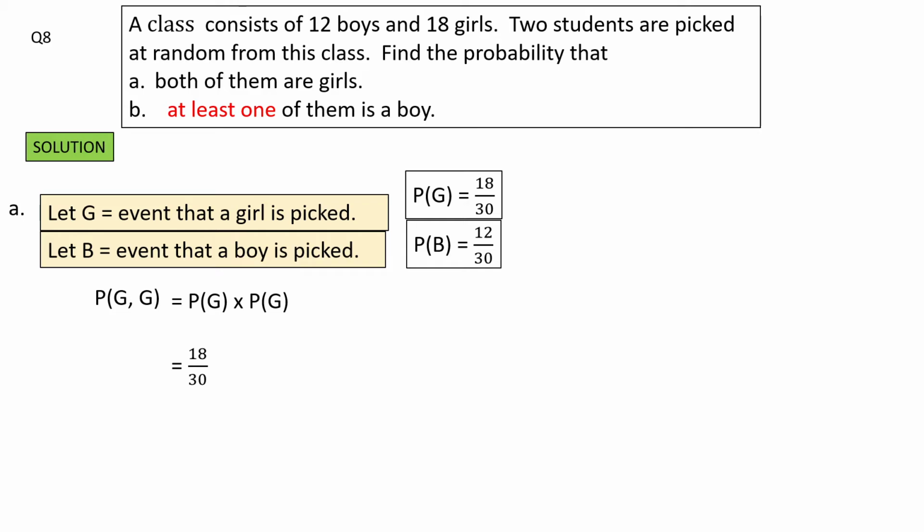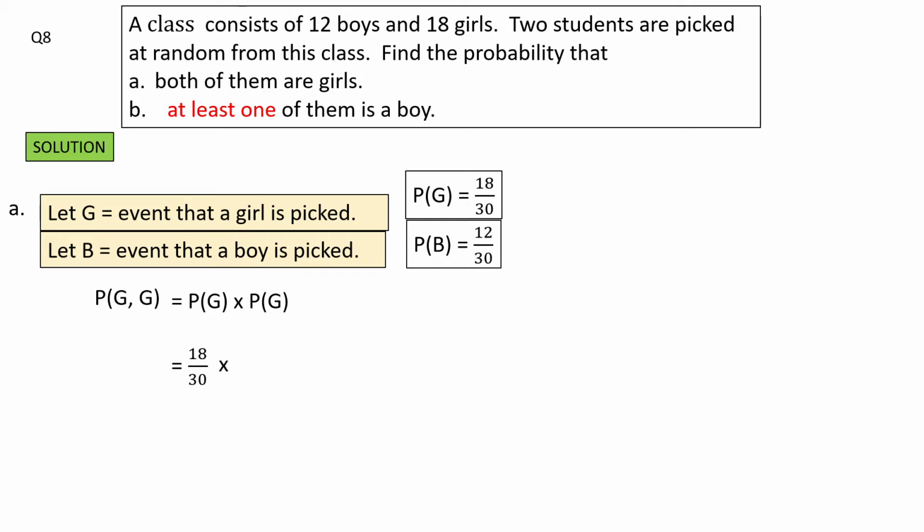So for the first time to choose a girl, the probability will be 18 over 30, times, for the second time. Now remember, once we have already chosen one girl, that means now only 17 girls are left.